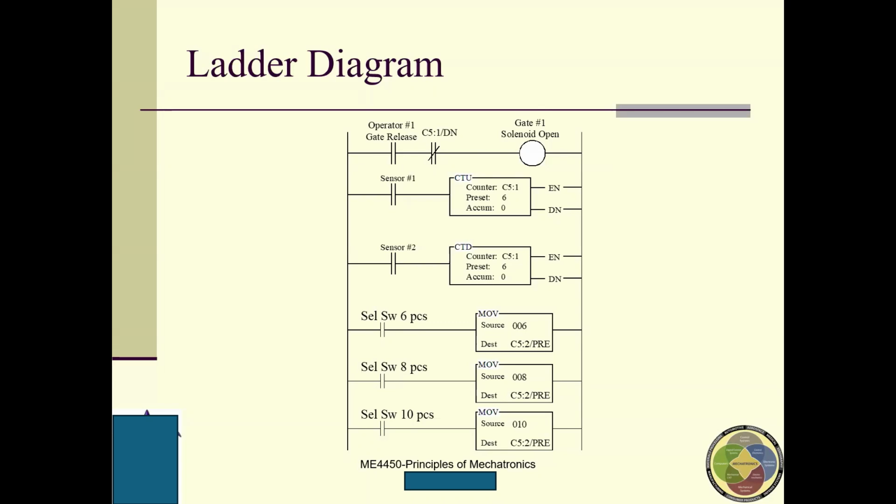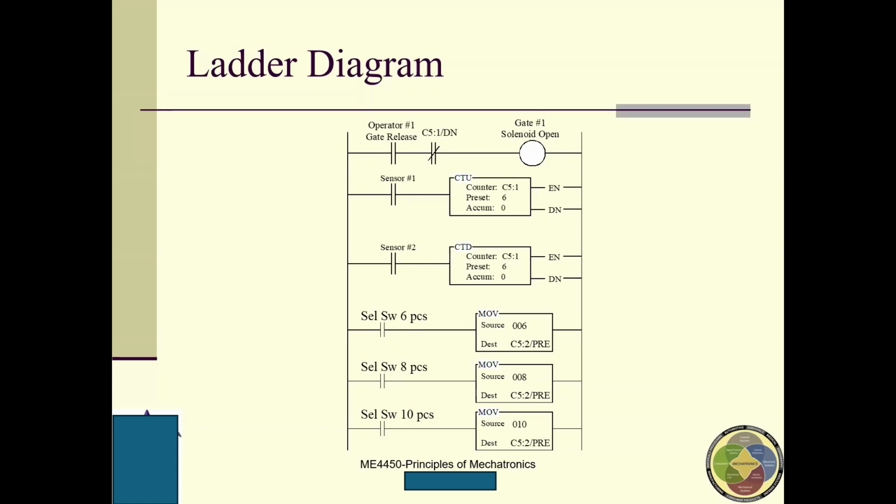And then on the third rung, you have sensor 2. So when something passes sensor 2, it activates the counter down. So the accumulated value, say if it was 5, will go from 5 to 4. And on the fourth rung here, if this is activated, it'll change the preset value of the counter C51 to either 6, 8, or 10, depending on which one of these you press.